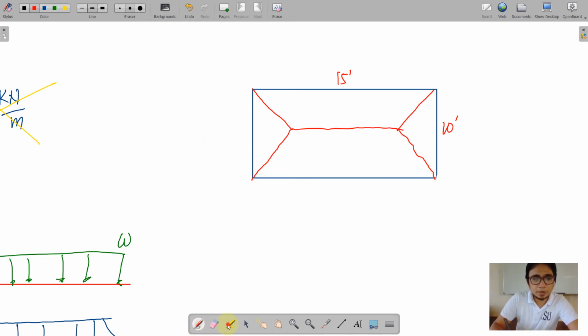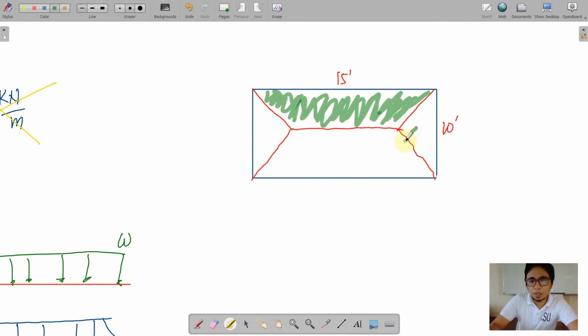So again, do not do this calculation wherein you are going to calculate this area and then multiply it by the live load. Say for example we have a floor load equivalent to 100 PSF. You might do this way.